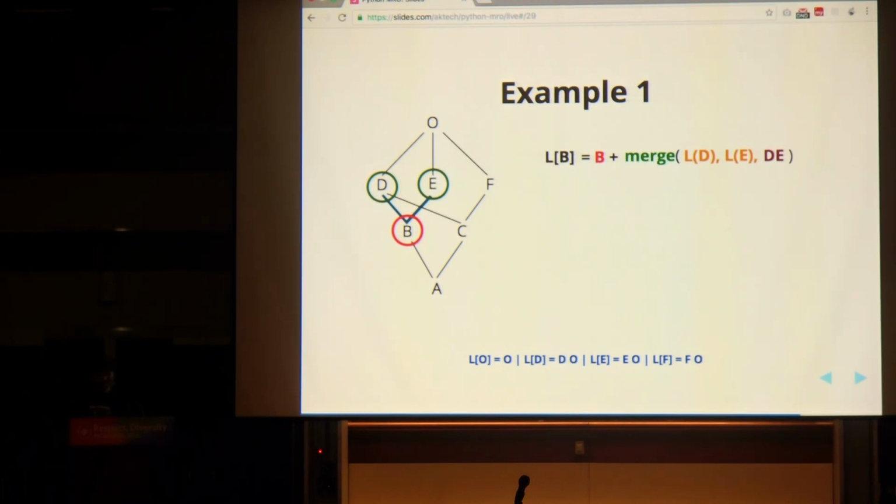We have already found the linearization of class D, and at the bottom you can see it here, and the linearization of class E is also here. We found these in the previous step, so we'll just replace these things here. So it comes out to be this.